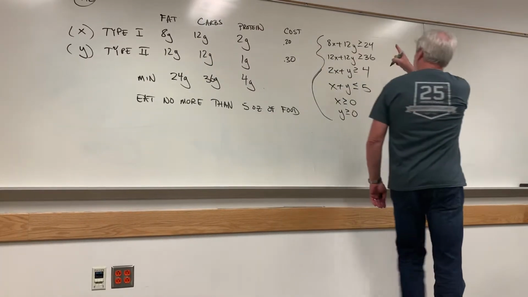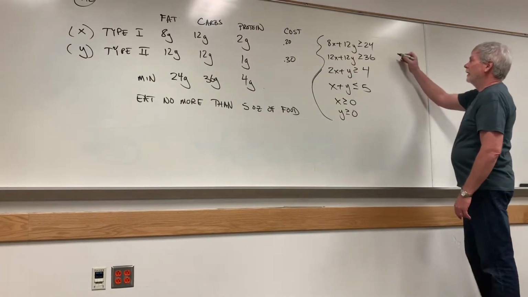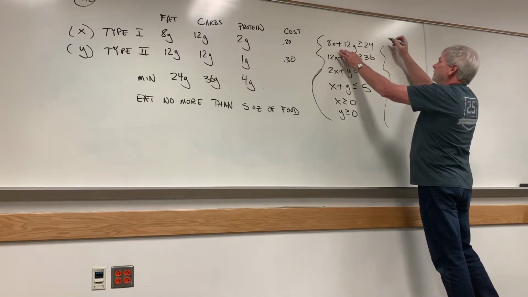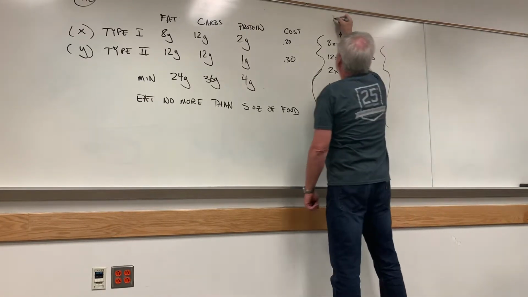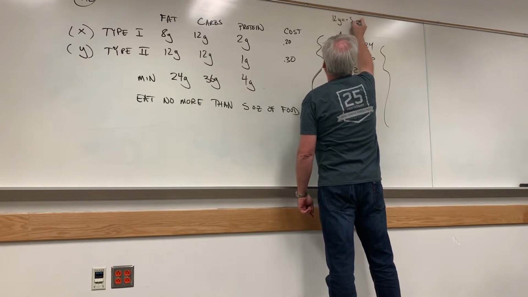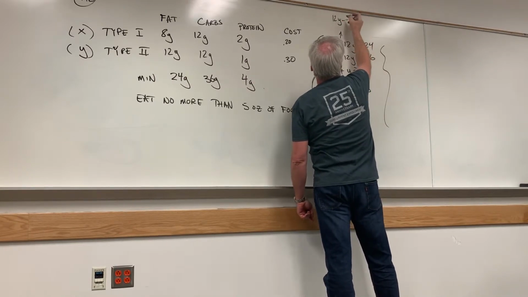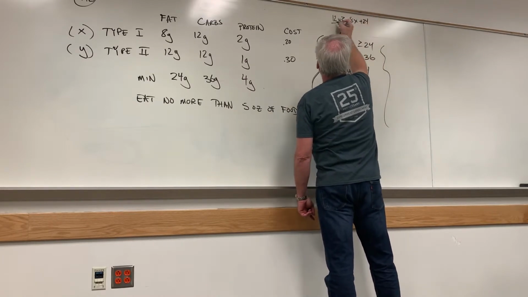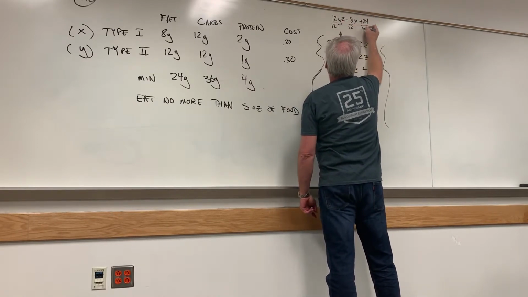Okay, I'm going to rewrite these in slope intercept. I will rewrite this. That is, let's see, 12y, let me keep as an equality, greater than or equal to minus 8x plus 24. Divide by 12.